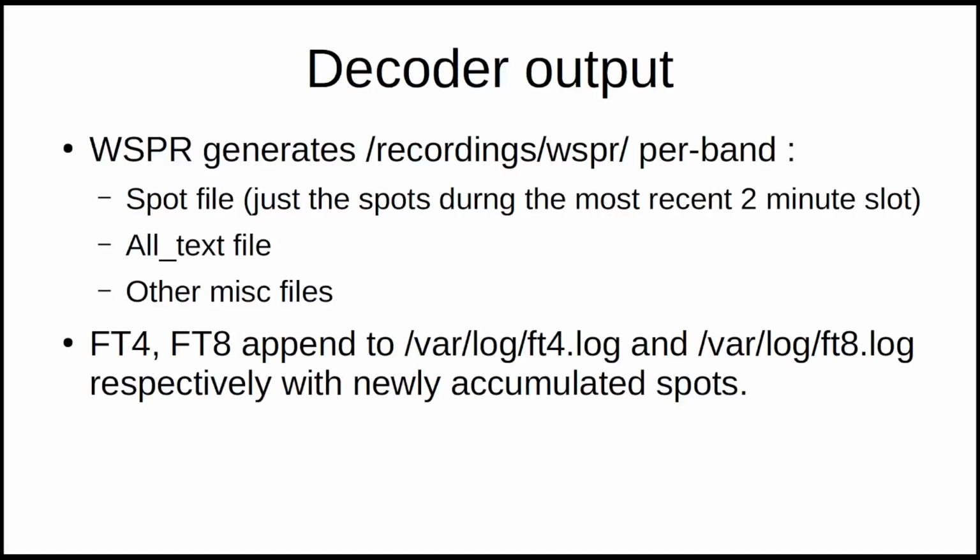The decoder output is a little bit different. WSPR generates in /recordings/wspr a number of different directories, one for each band. In each band, you'll find a spot file, which is just the spots created during the most recent 2-minute time slot, plus an all text file, which continues to append all the WSPR spots for all the different time slots, and then the other miscellaneous files.